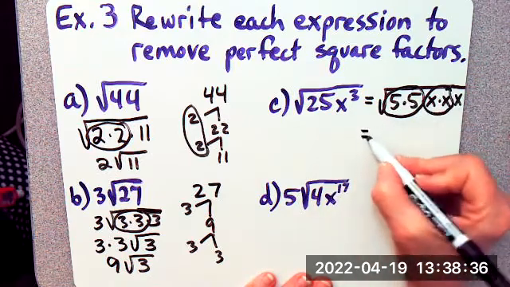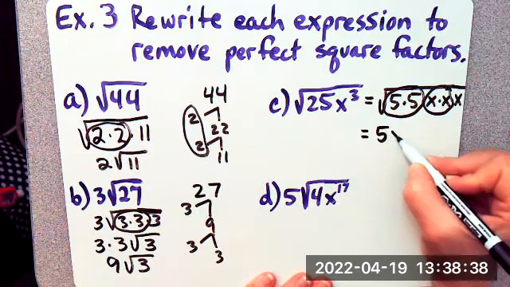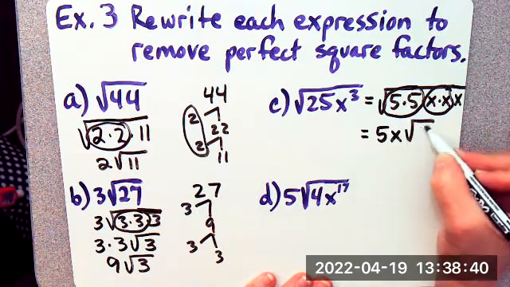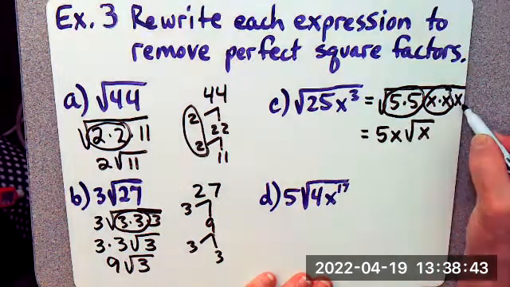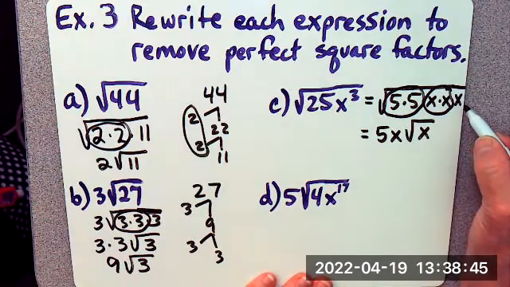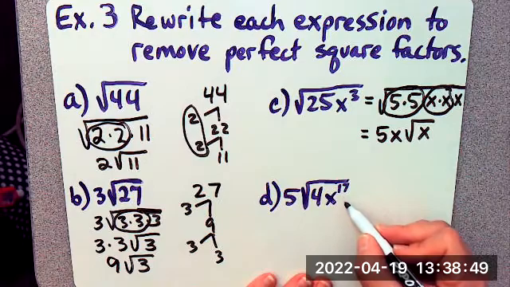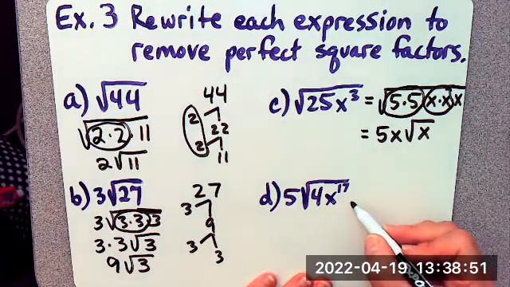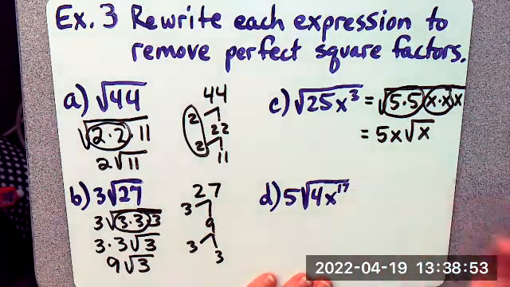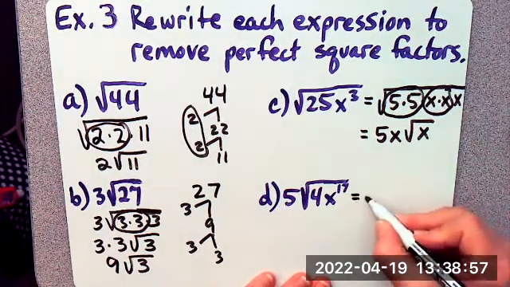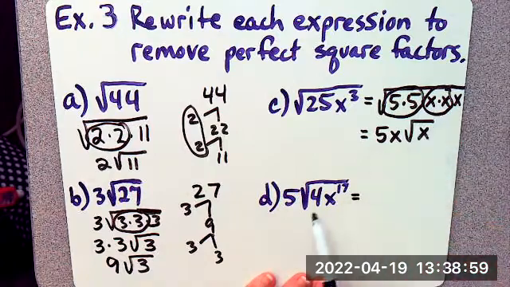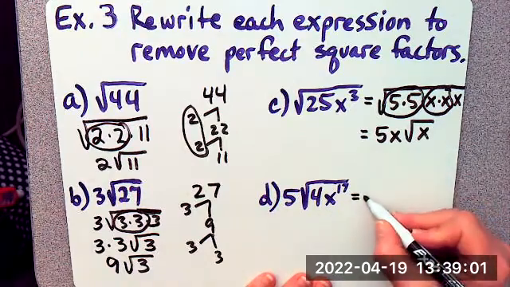So this equals 5x and the square root of x here, because this x is alone, so it stays home. Now, when we get into larger numbers like this, we might want to have an even amount of a pair of x's, just to make it simpler. So we're not expanding 17 x's.